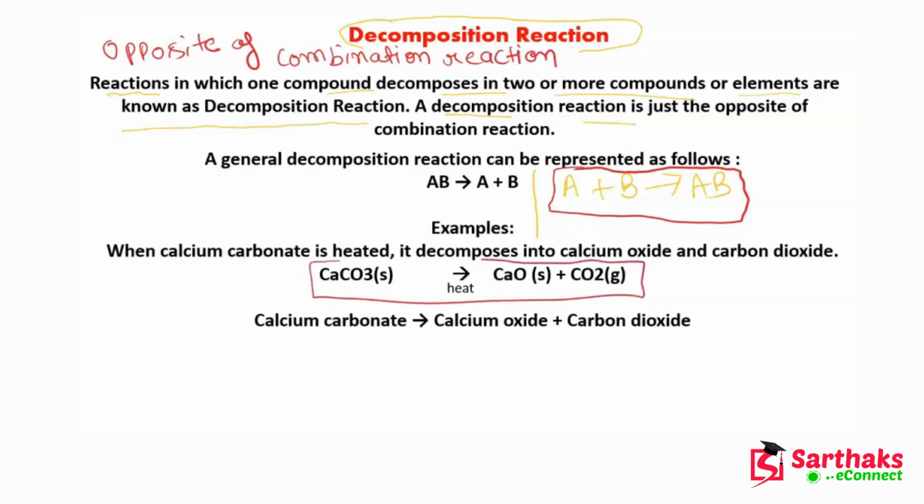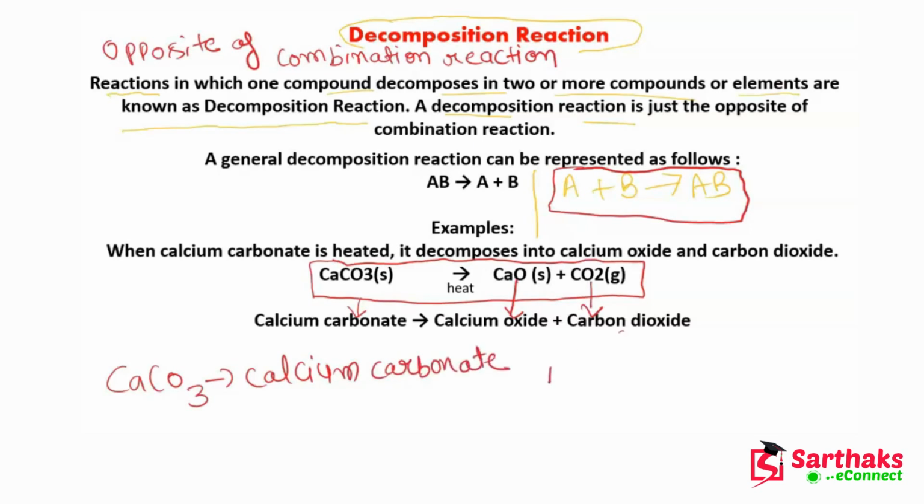We saw this reaction when I was explaining endothermic reactions. Here you can see that when we provide heat to CaCO3, which is calcium carbonate, this calcium carbonate is broken into two compounds, that is calcium oxide and carbon dioxide. Okay, this is CaCO3, and this is calcium carbonate.